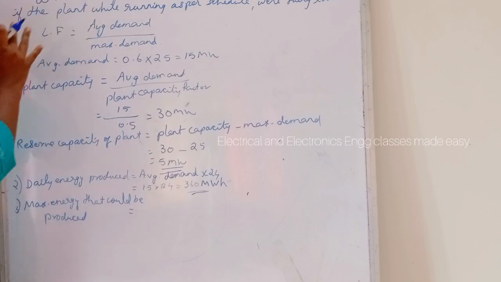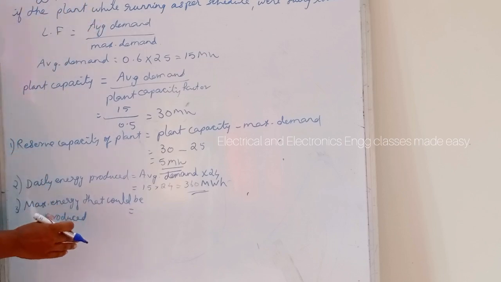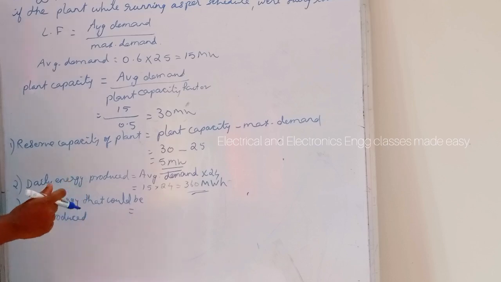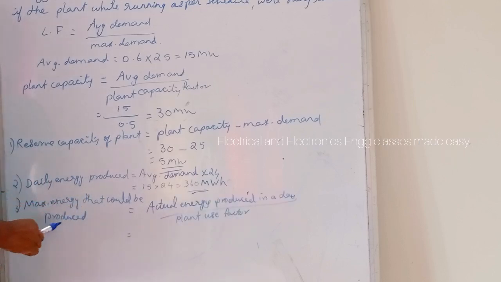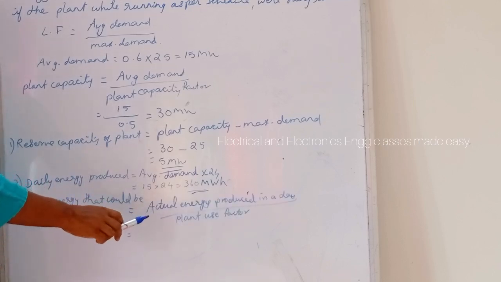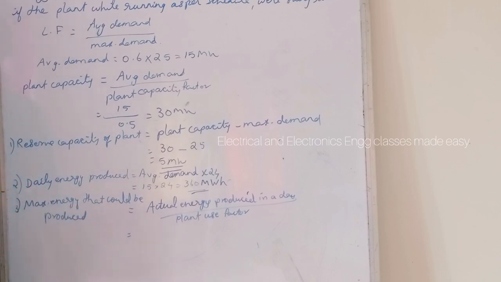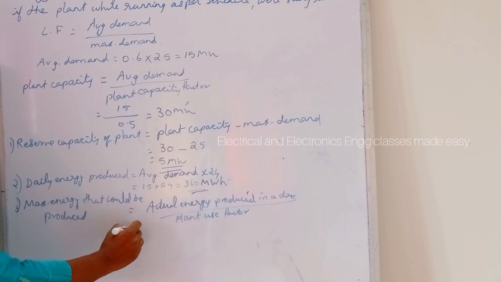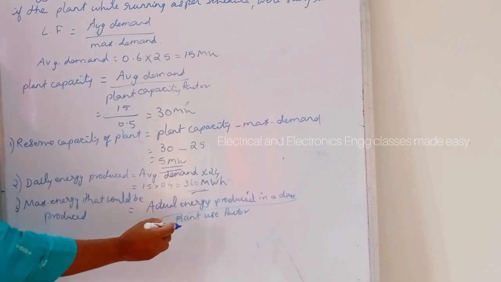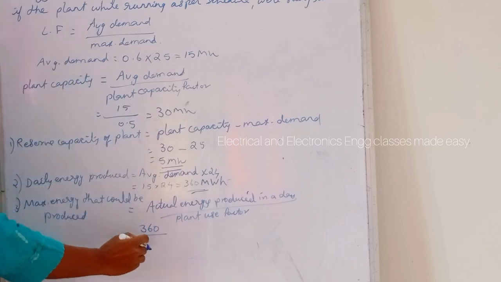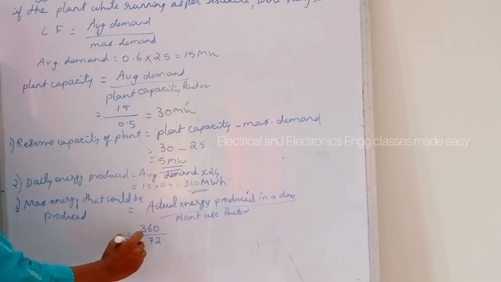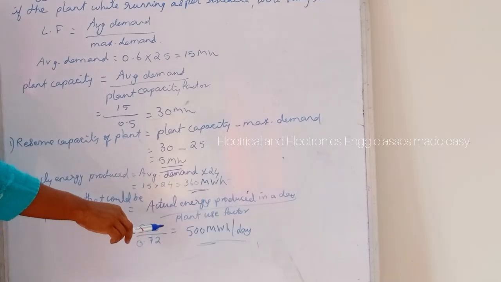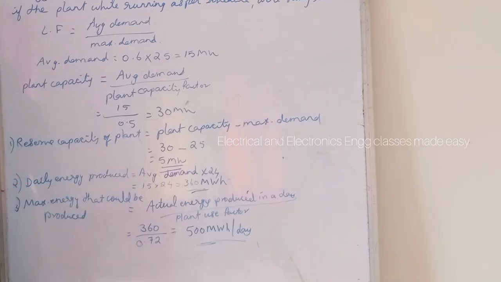So from the plant use factor, we can find the maximum energy produced. Actual energy produced in a day is 360 megawatt hour. So 360 divided by plant use factor, given as 72 percent, that is 0.72, is equal to 500 megawatt hour per day.